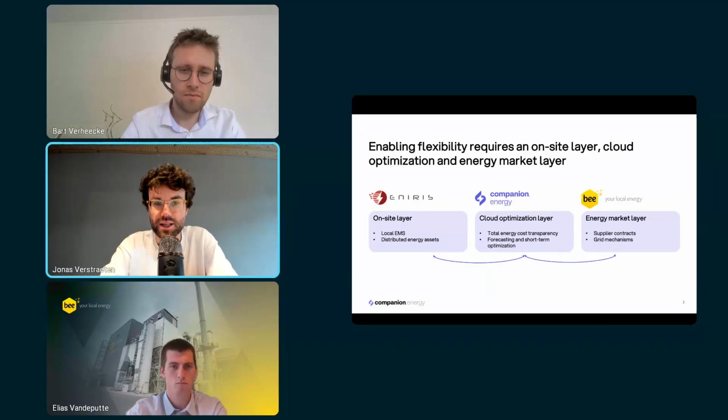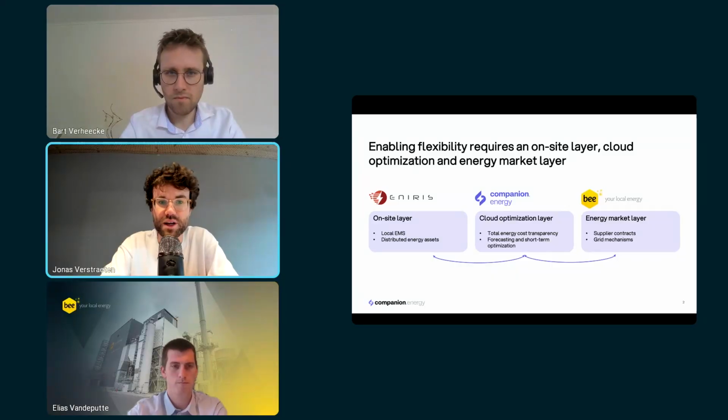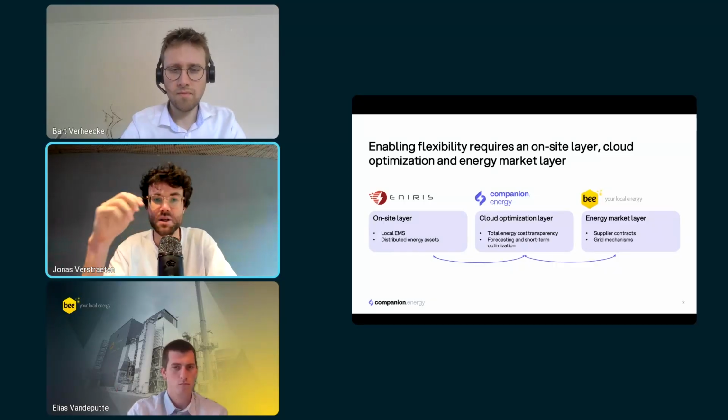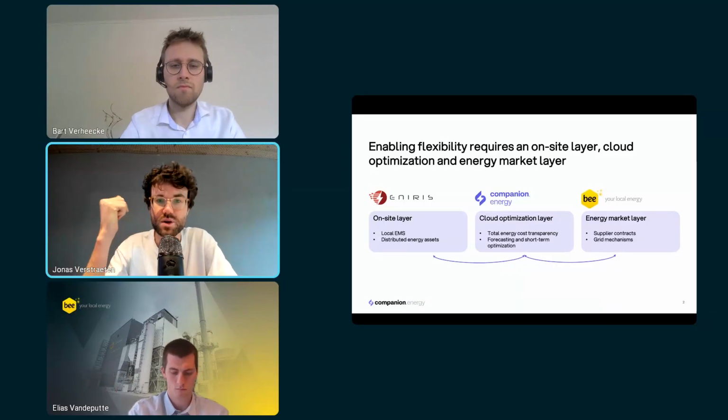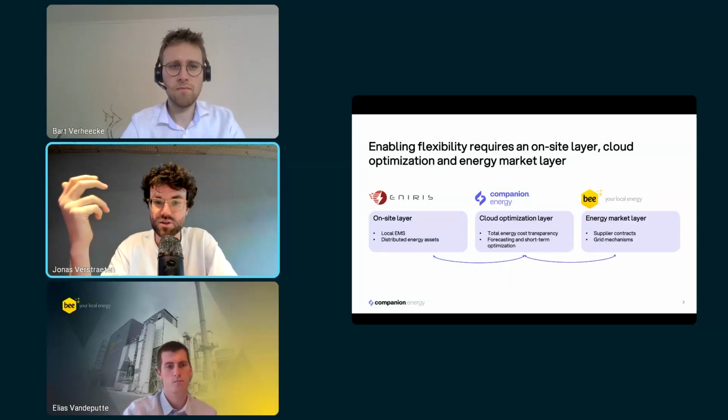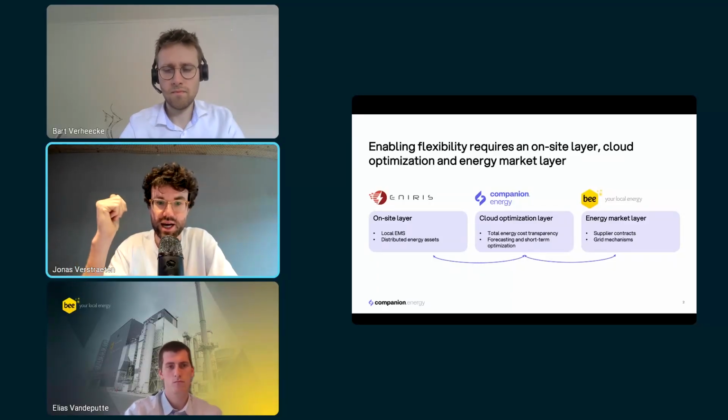To give you an idea, we think enabling this flexibility really requires an on-site layer, a cloud optimization layer, and also an energy market layer. That's why we have these three parties today. We've got Bart from Eniris, who provides the on-site layer with a local EMS system that can directly integrate these distributed energy assets.